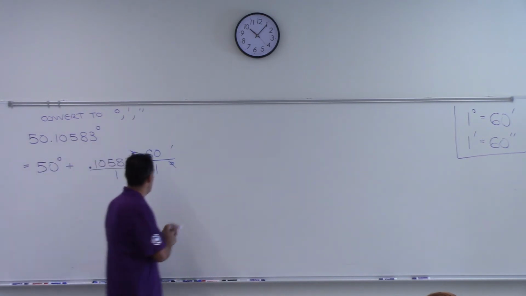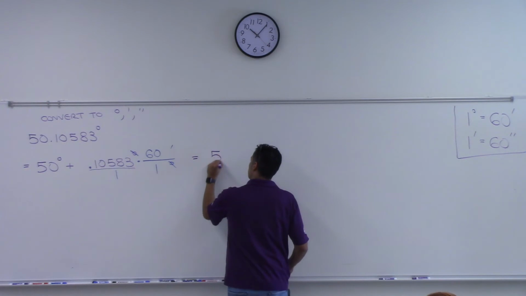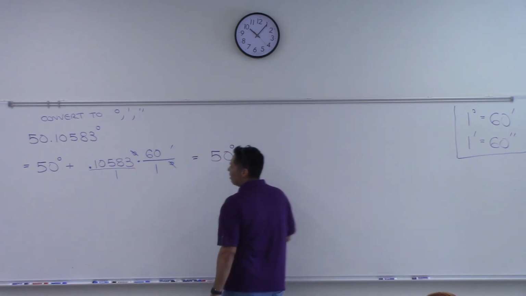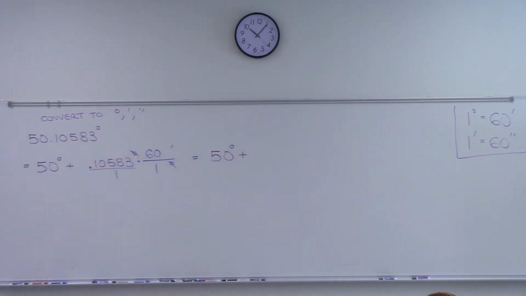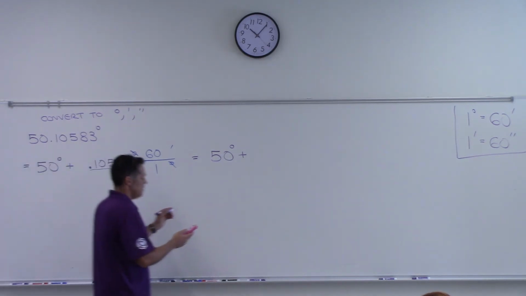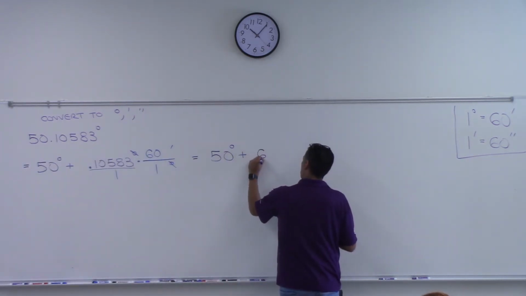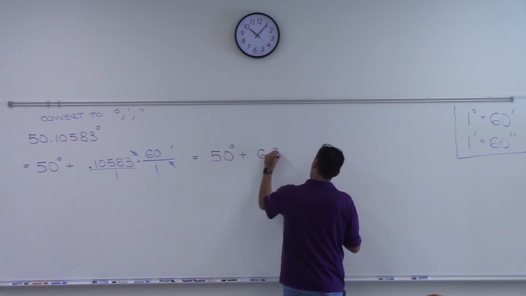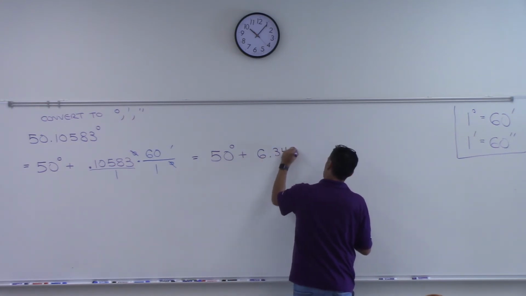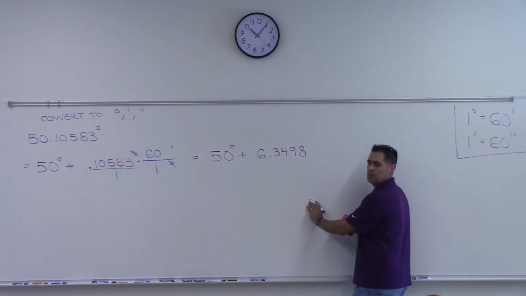So let me write down my next line. I have this. 50 degrees plus, now on our calculator, we're going to do 0.10583 times 60. Oops, I messed that up. What do y'all get? 6.34, something like that? Yes? So this is going to be 6.34. Are y'all getting 6.3498? Yeah. 6.3498 what?